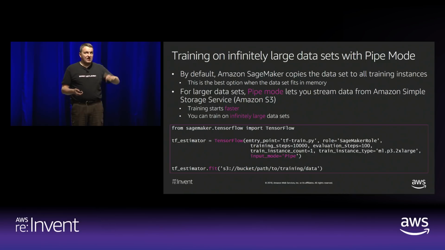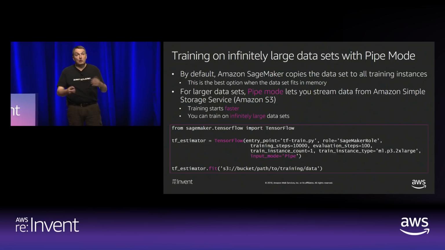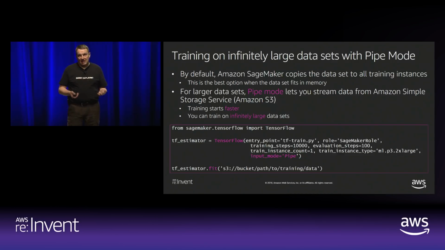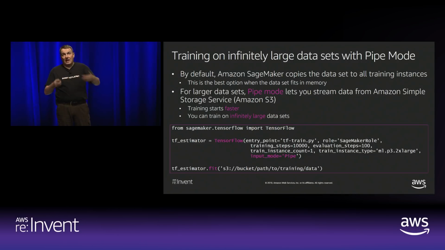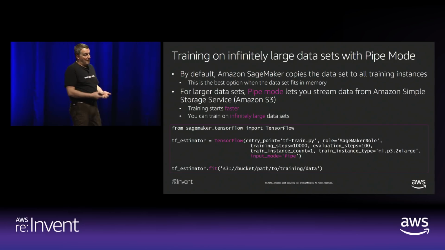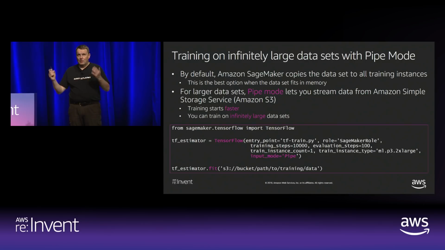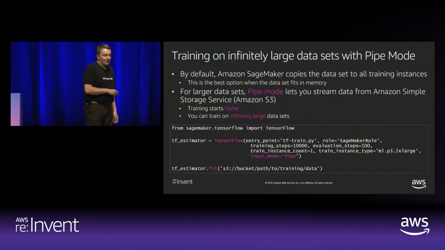The second your training instance is up, it starts receiving data. And there is really no limit to the size of the data set that you can use, because again, it is streaming. It doesn't matter how much storage or memory you have on that instance. It will receive batches of data and process them one after the other. And if it needs to go this way for 2 petabytes, then so be it.